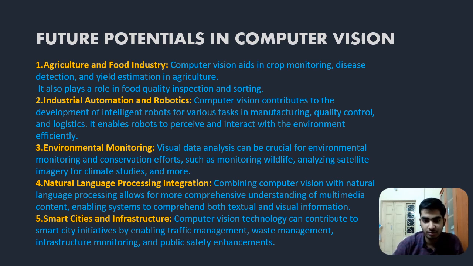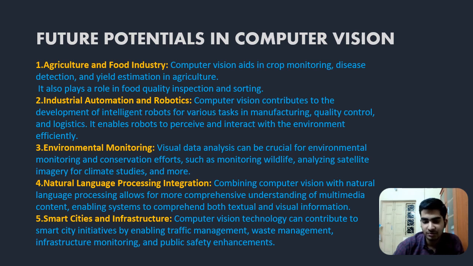Industrial automation and robotics. Computer vision plays an important role in various tasks like manufacturing, quality control, and logistics. Environmental monitoring. Visual data analysis can be crucial for environmental monitoring and conservation efforts, such as monitoring wildlife, analyzing satellite imagery for climate studies, and more. Natural language processing integration.